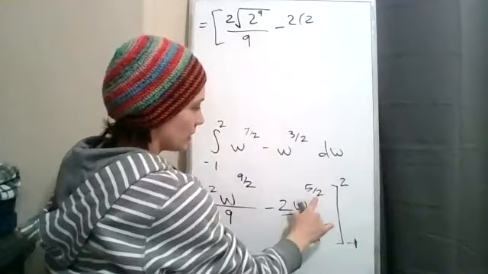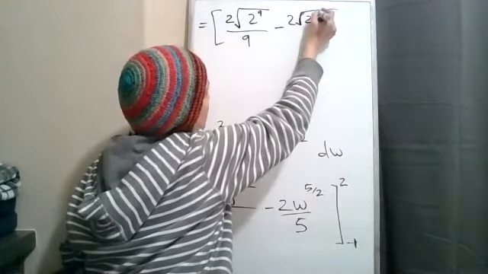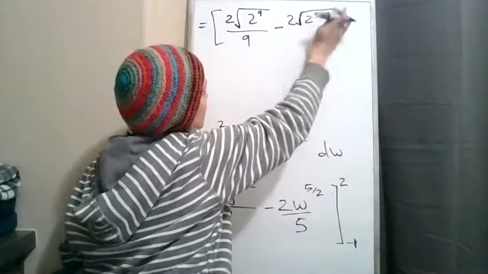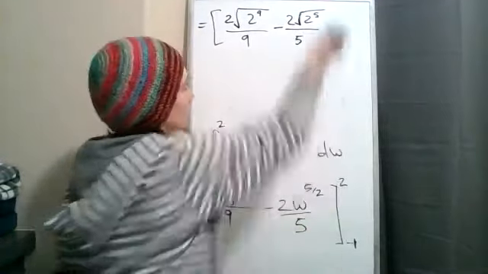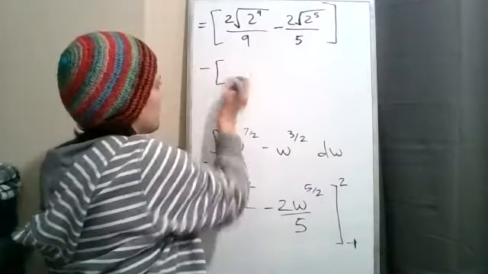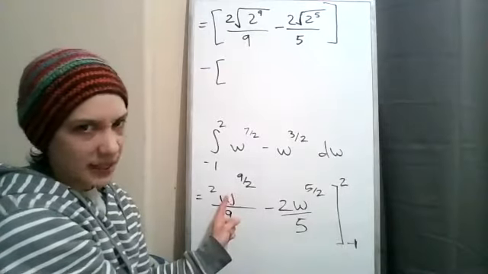Actually, we're going to root and have a power 5 underneath that root. All right, -1, so a square root of -1.